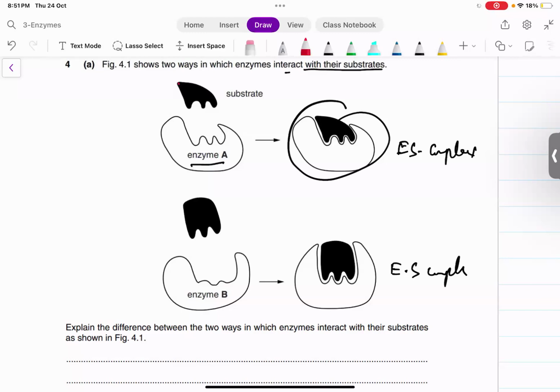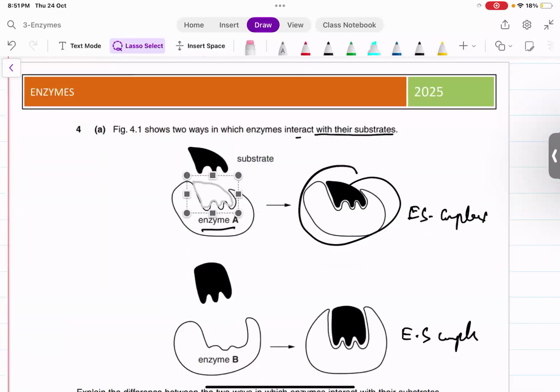If this shape is removed from here, and if we fit it into it, is it an exact fit? Yes, this is an exact fit. So this is the lock and key model.